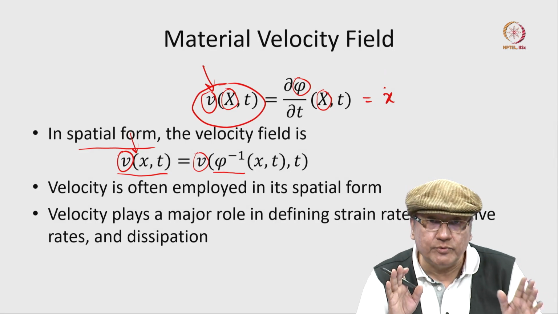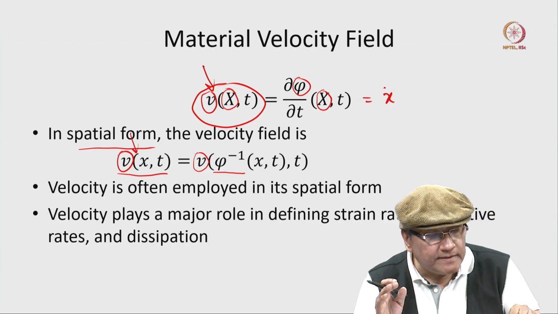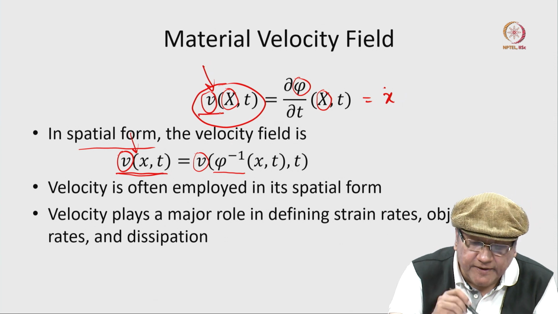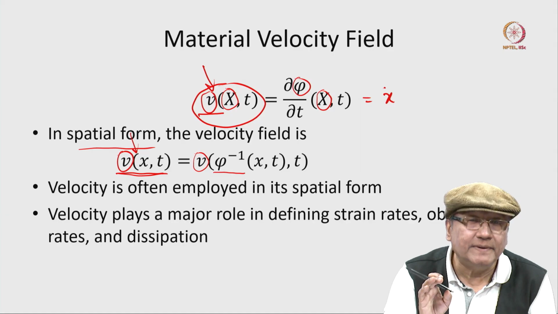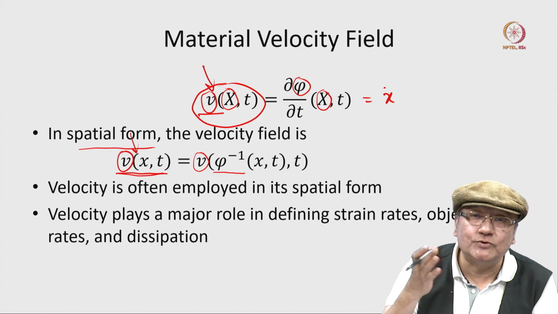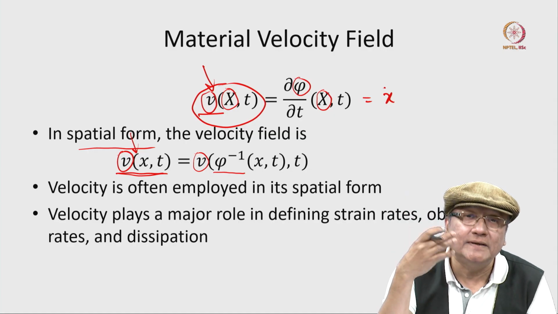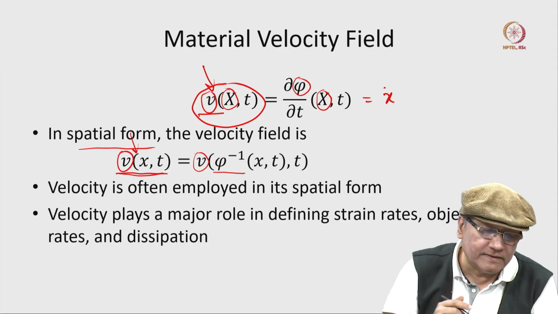Please do not misunderstand. This v is essentially a composition of v with phi inverse, to be mathematically correct. But then I do not want to create two different symbols for velocities. It will only clutter the discussion and make the understanding a little more difficult later on.